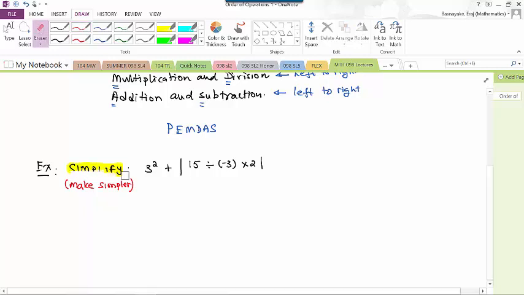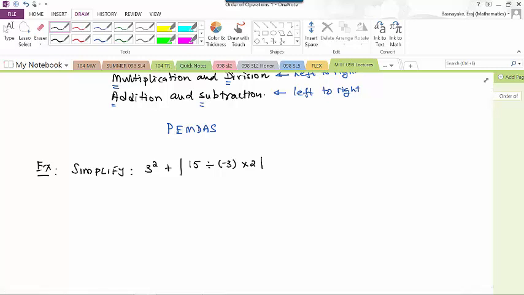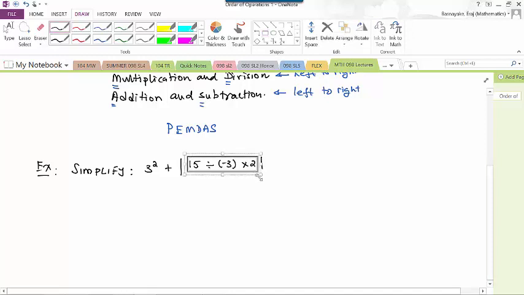All right, let me put simplify back in there. Simplify. Okay. So when I look at this problem, the first thing I see is that there is right there a group.